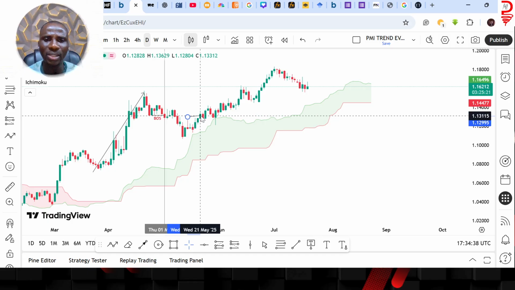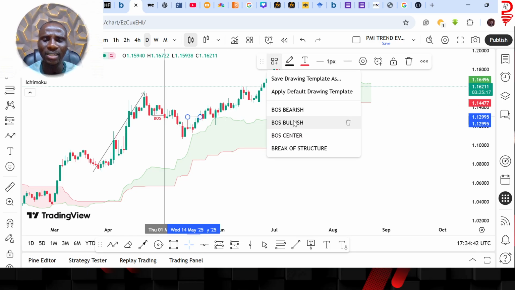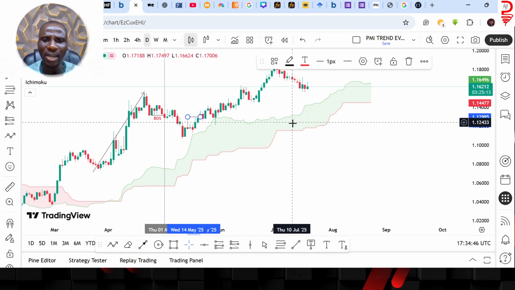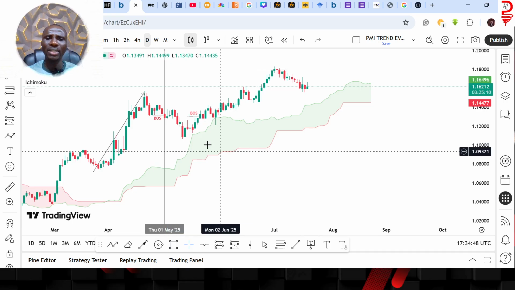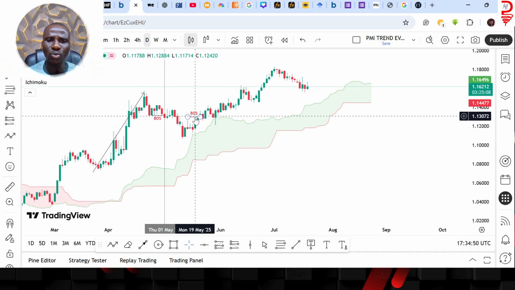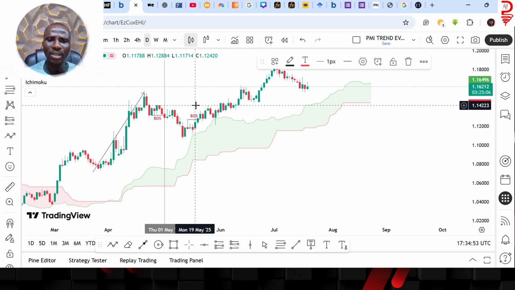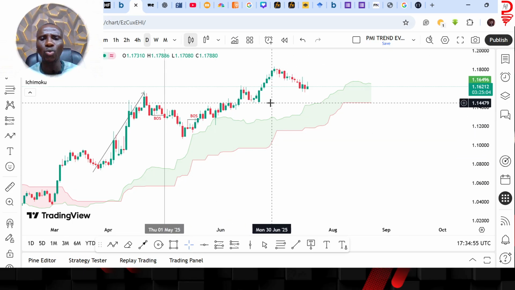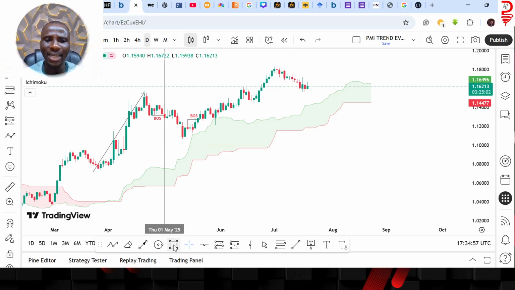This is very important so that you can follow us as we take trades in subsequent periods. Now, there is a break of structure to the upside around this place. So this is where we can now begin to look for a trade.